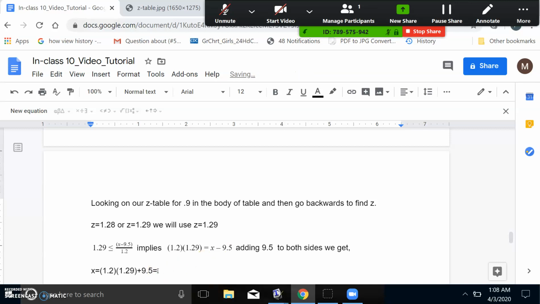Adding these, we get 11.05 inches. So that's our answer, and we're done. We can say that if a woman has a foot length of 11.05 inches, she will be in the top 10% of all women.